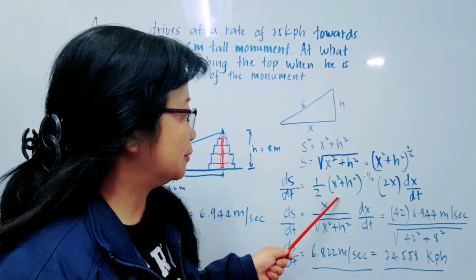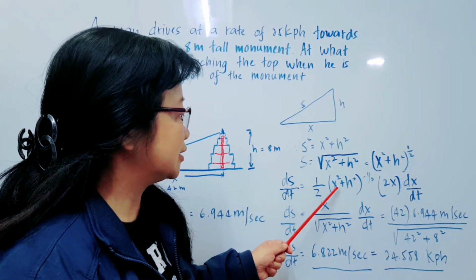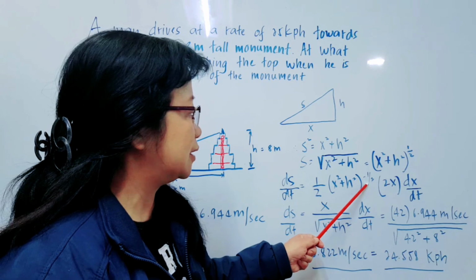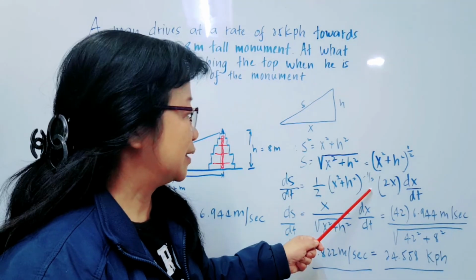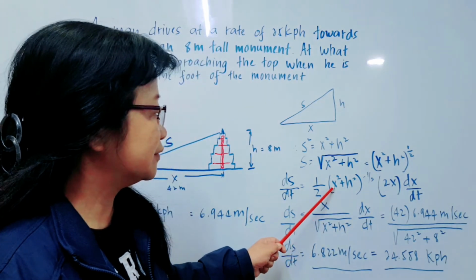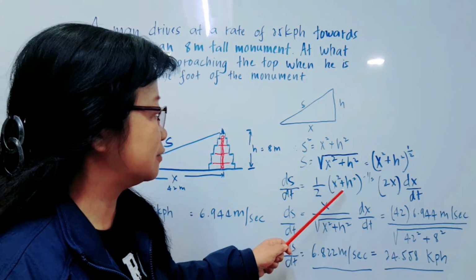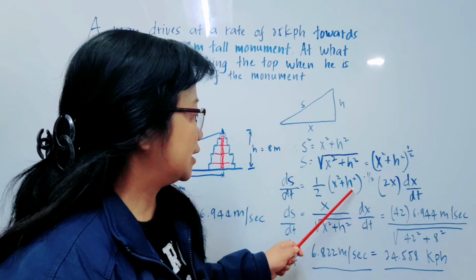So it will be 1/2 times x squared plus h squared raised to the power negative 1/2, times the derivative of x squared, which is 2x.